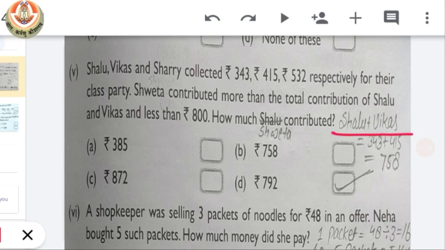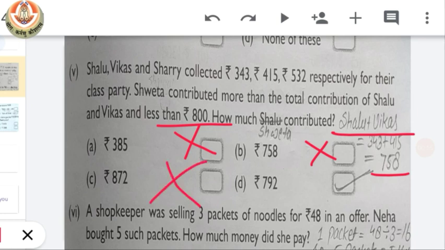So you can see here, when we added the contribution of Shalu and Vikas, we get 758. That means Sweta contributed more than 758. So that means the A option is not valid, and B is also not valid because it is exactly 758. Now the second condition is, also Sweta's contribution is less than 800. So that means the option C is also invalid.